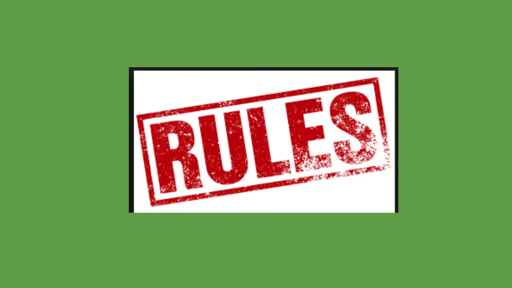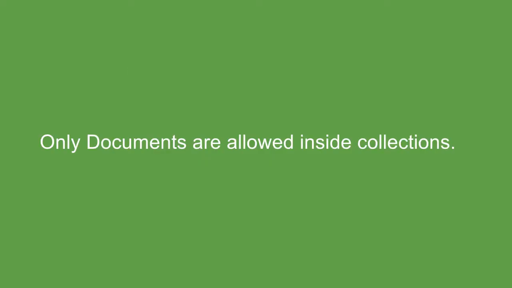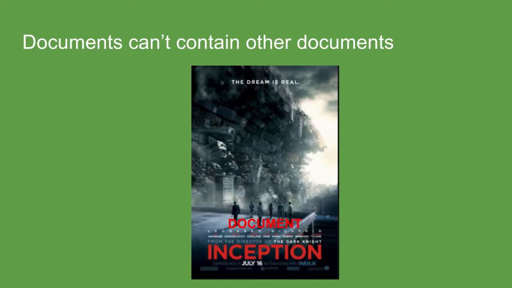But of course we have some rules for it. First, only documents are allowed inside collections. So you can't have a collection of strings, a collection of images, a collection of any other thing. You're just allowed to have documents inside a collection. The other thing is that documents can contain other collections.